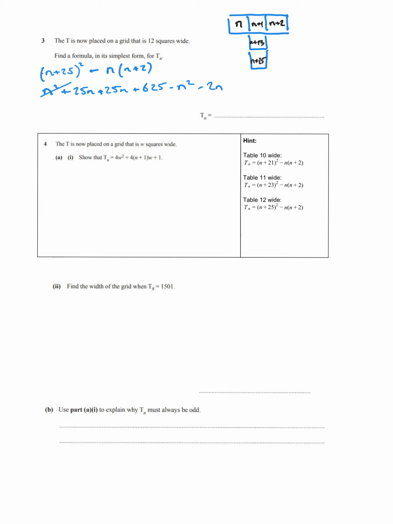And if I simplify, same thing again, I've got 50n take away 2n, I've got 48n's plus 625.